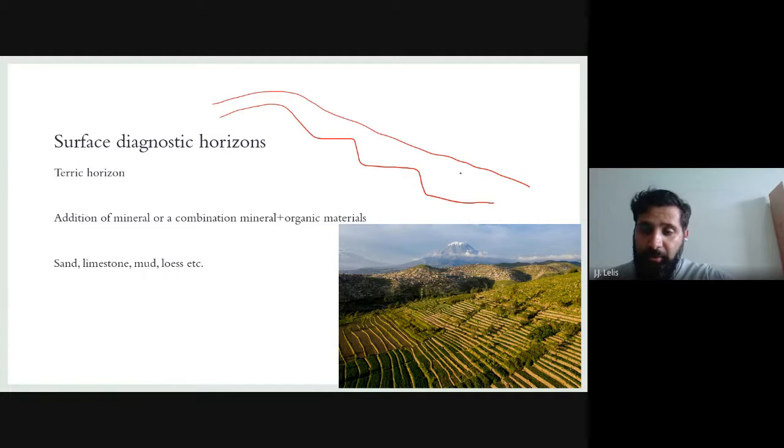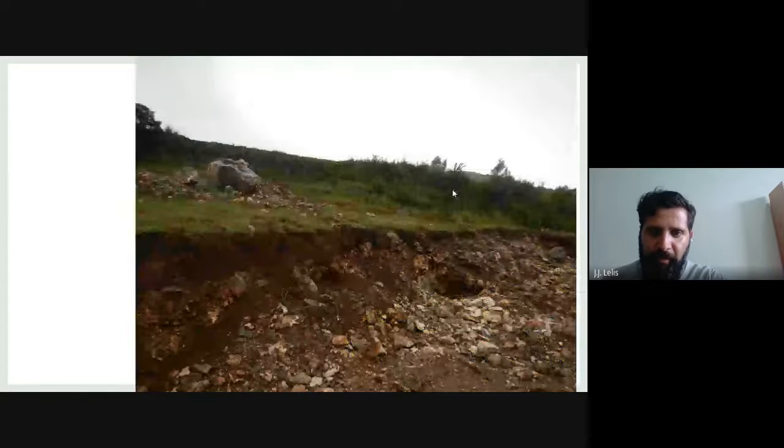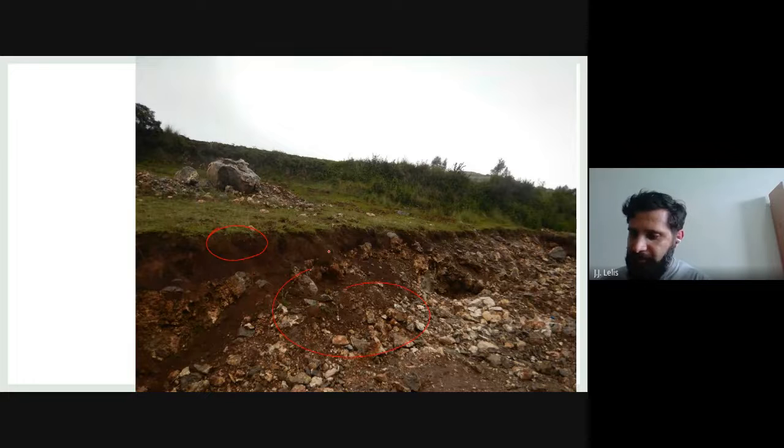And now the erosion is lower, and we can cultivate here very easily. This is the creation of the terric horizon, okay? To model, to change the slope, creating some little terraces in the surface, mixing organic and mineral materials. You can see here a mix of this material over this limestone.